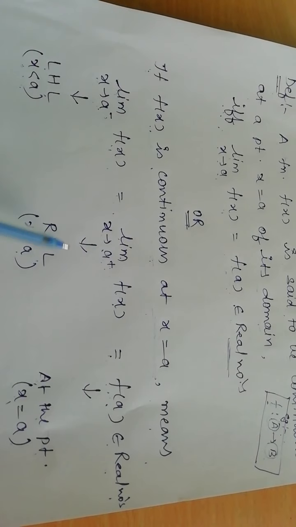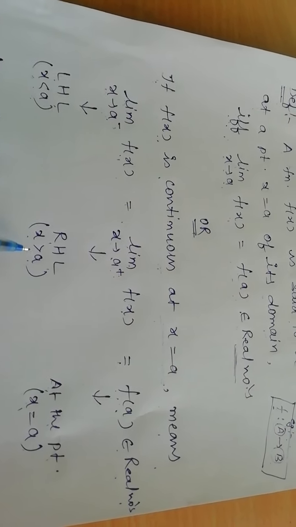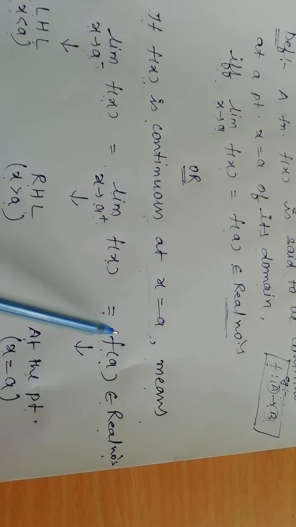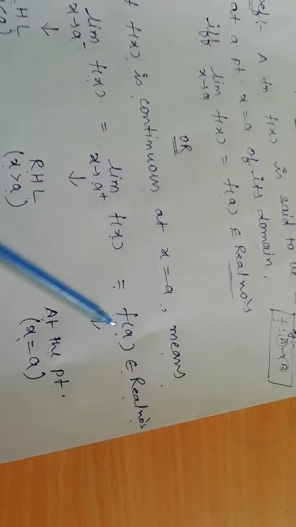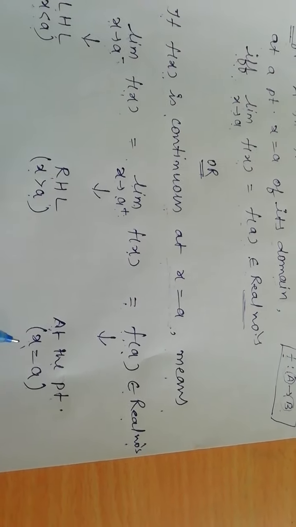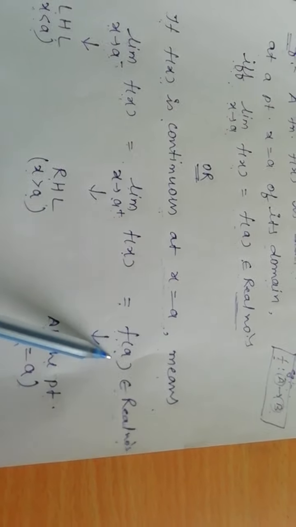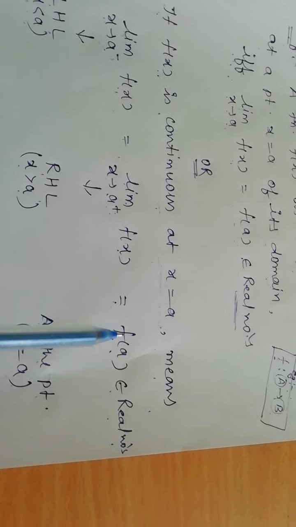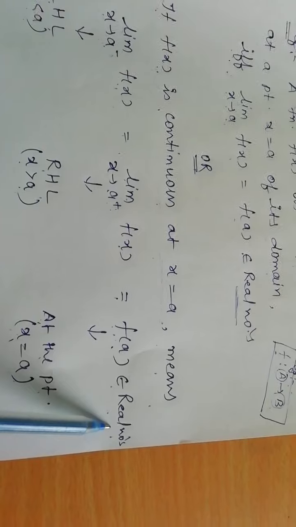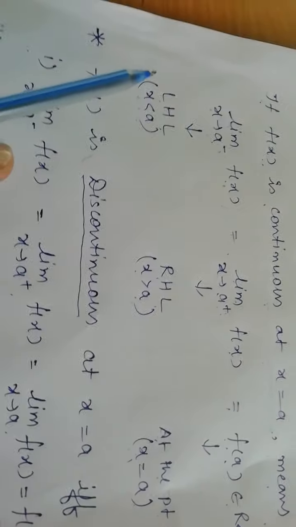It means we are calculating the right hand limit at x greater than a, should be equals to f of a. It means we are calculating the value of function at the point x is equals to a, and all three should be equal and belong to the set of real numbers. Then only we can say the function is continuous.